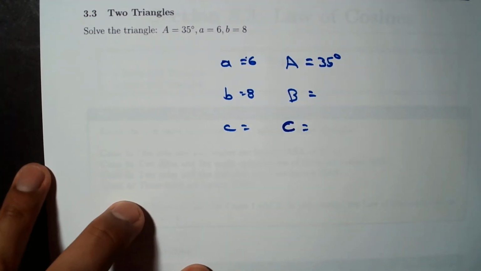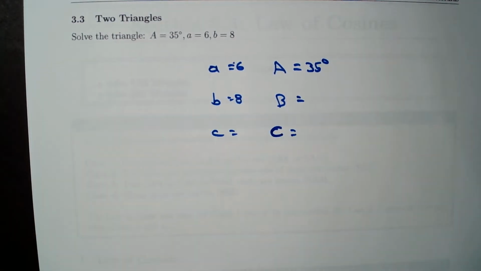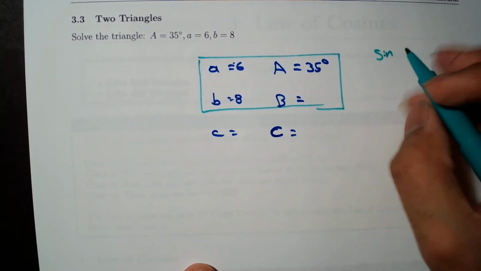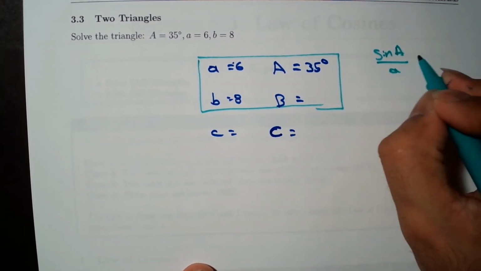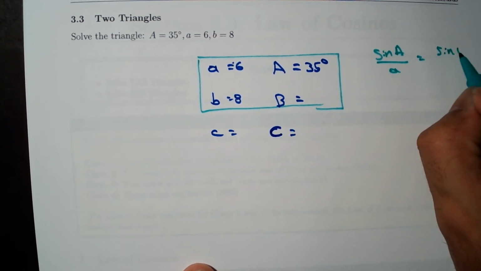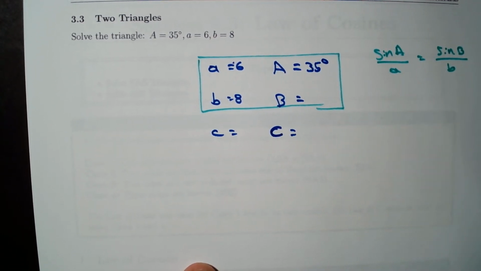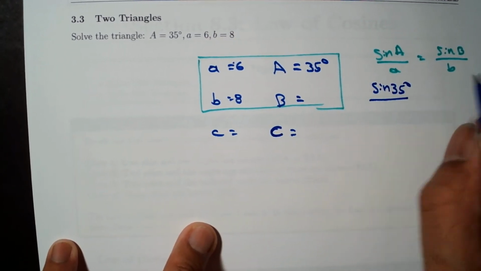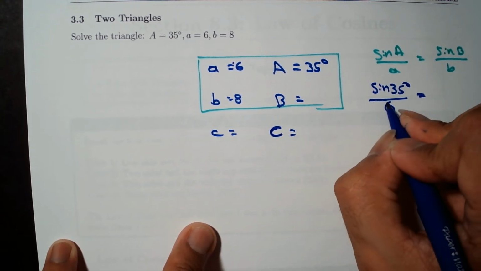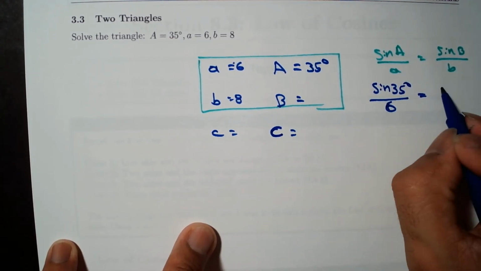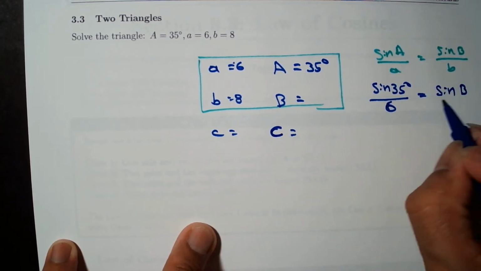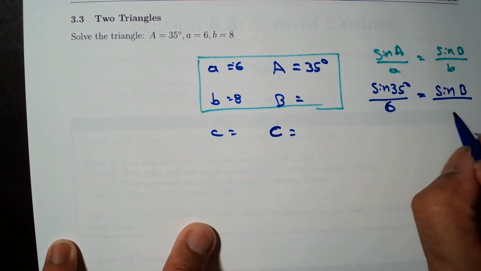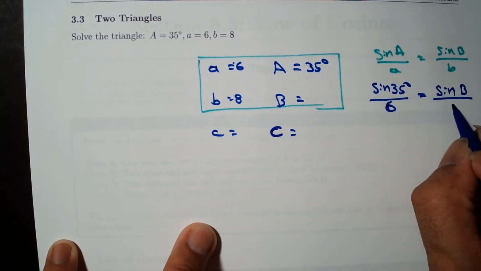All right. So let's use the law of sines to put together A and B. So sine of A, that's sine 35 over 6 equals sine of angle B, which is to be determined, divided by side B, which is 8.